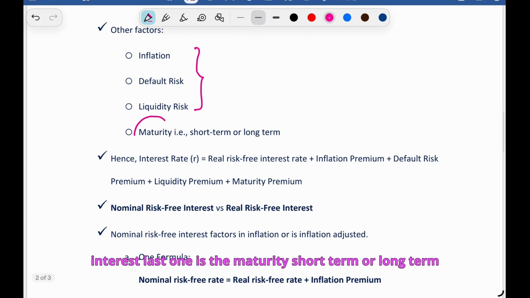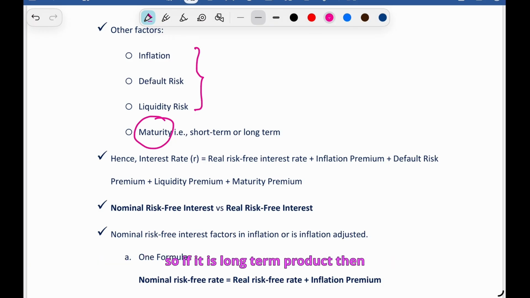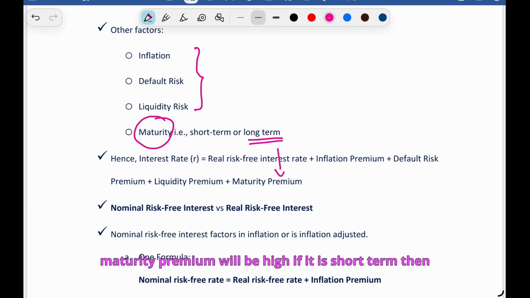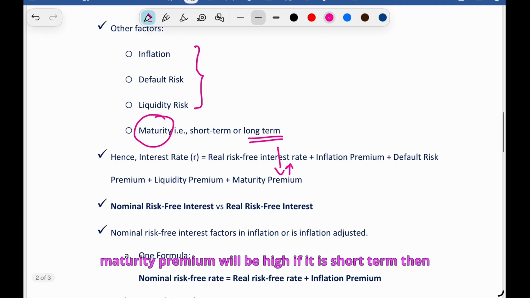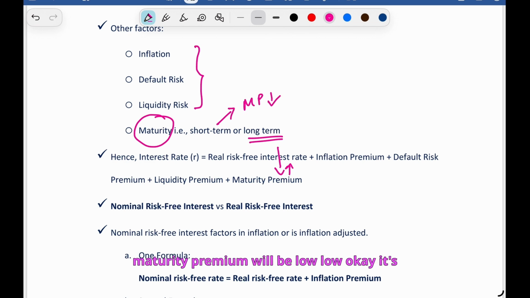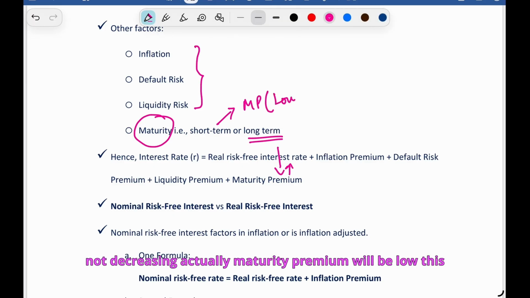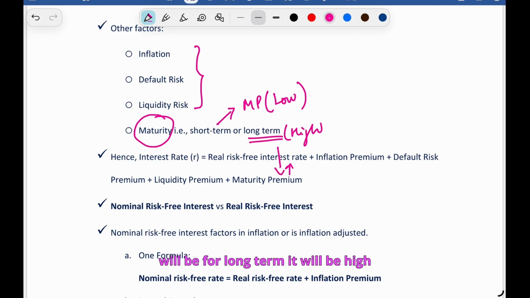Last one is the maturity, short term or long term. So if it is a long term product, then the maturity premium will be high. If it is short term, then the maturity premium will be low. Why so?